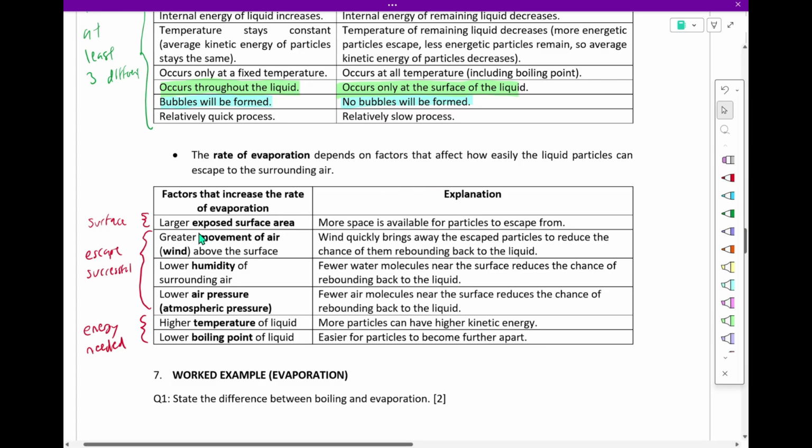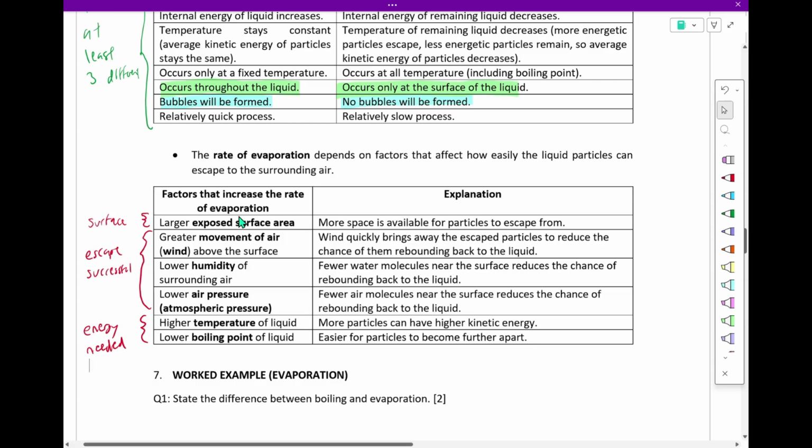Okay, so let's go through in detail a bit. When you have a larger exposed surface area itself, there are more liquid particles at the surface. Therefore, it is more likely that the liquids at the surface have enough energy to overcome their force of attraction and escape successfully as a gas particle.